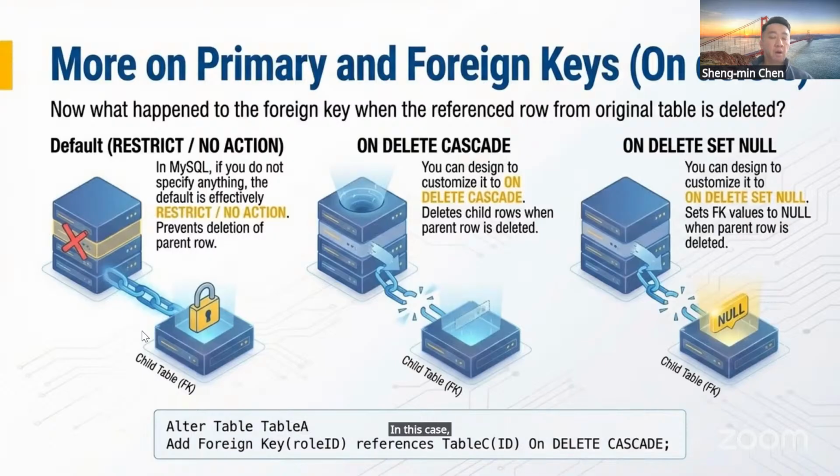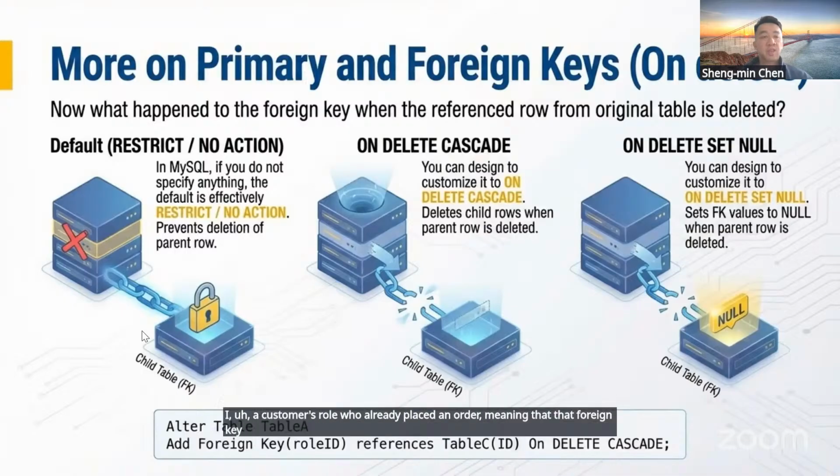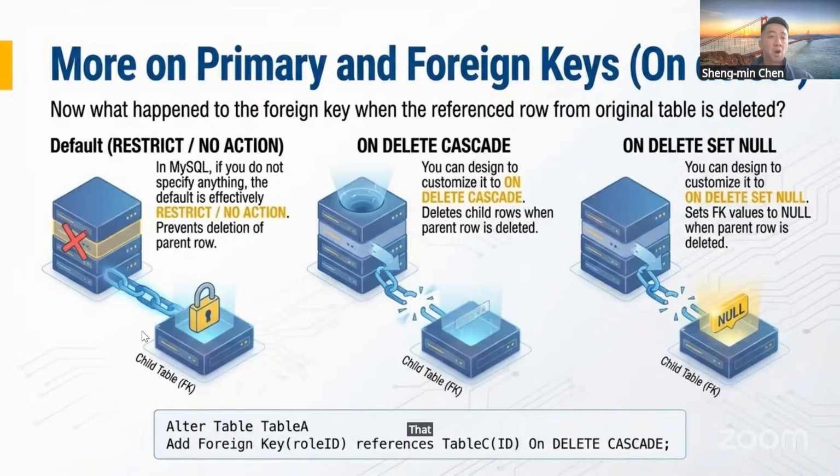But what the database will be deciding is focused more on what would happen if the primary key is being deleted. In this case, by default, most databases, including MySQL, would throw an error restricting you and letting you know that this action will be restricted. No action can be made. Meaning that when you're trying to delete a customer's row who already placed an order, meaning that foreign key already exists in the order table, that would break the referential integrity of the relational database.